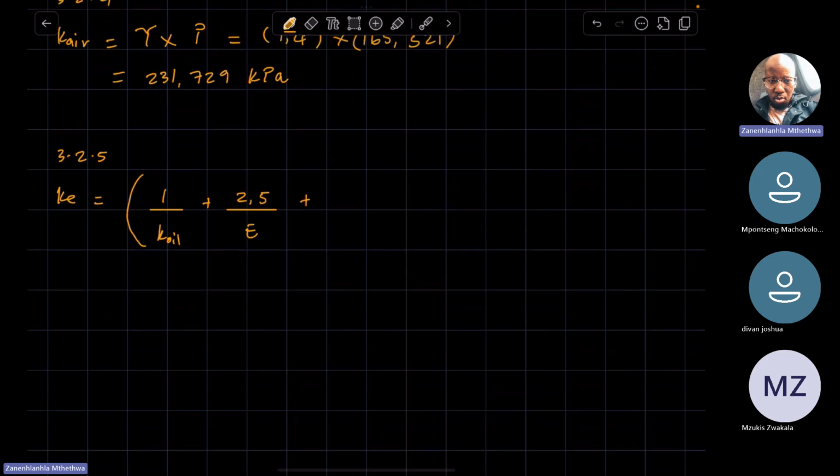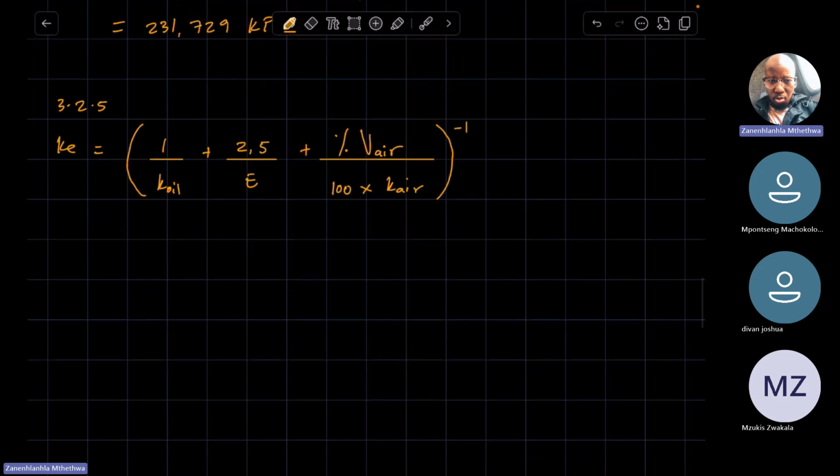So there is 3,2% volume of air trapped, and how you include that in the formula is, you say the percentage of the volume of air divided by 100 times the K of air. And of course, all of that, you'd have to find the inverse of all of this, right, to get the effective modulus.